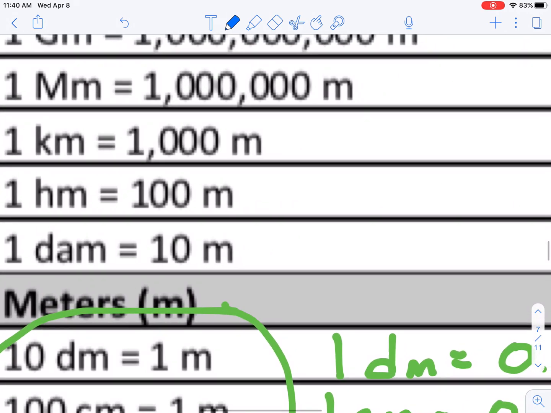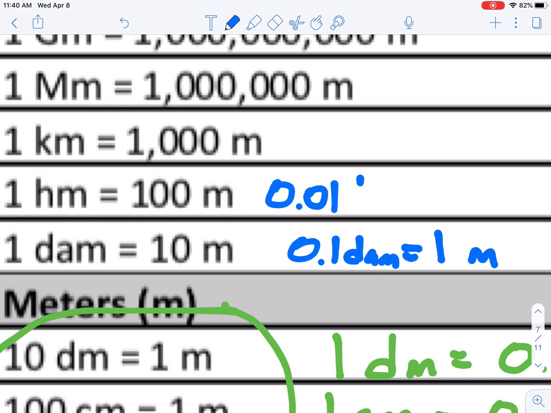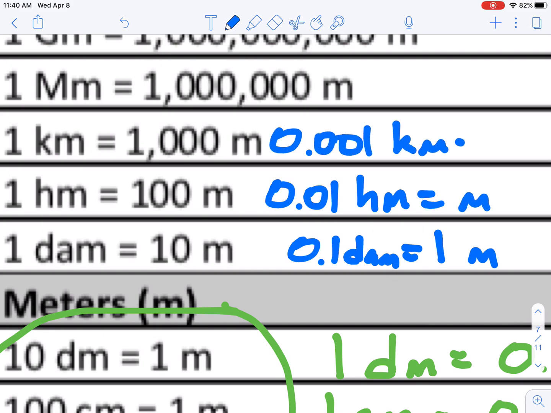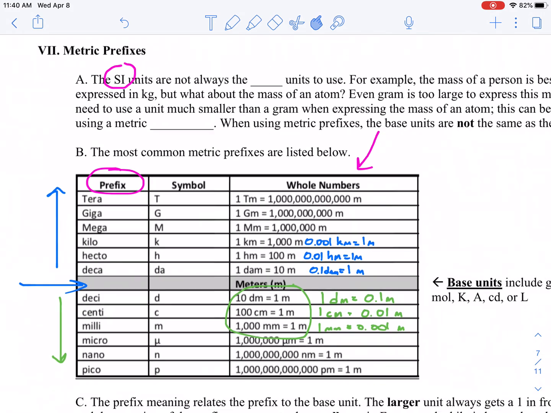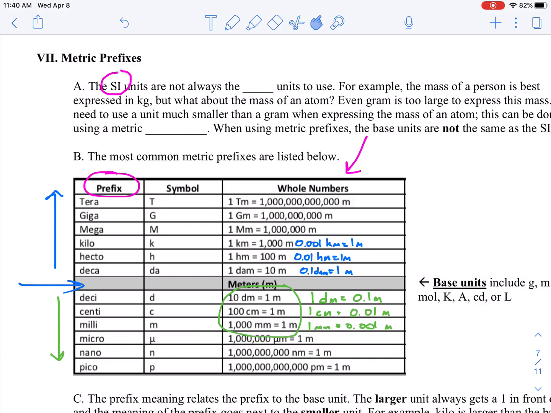We could also say that 1 meter is 0.1 decameters. We could say that 0.01 hectometers is a meter. We could say that 0.001, 1/1000th of a kilometer is a meter. Right? Those all work. But the convention is to use whole numbers just because they're a bit more logical to follow through with.